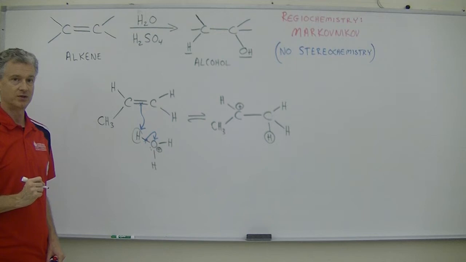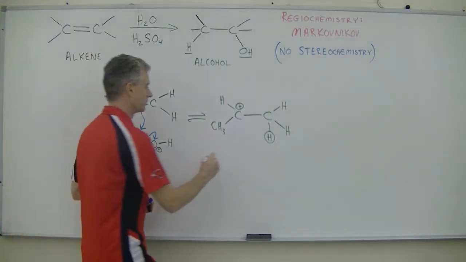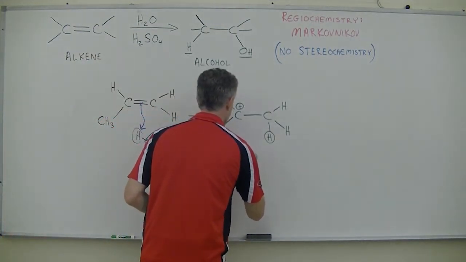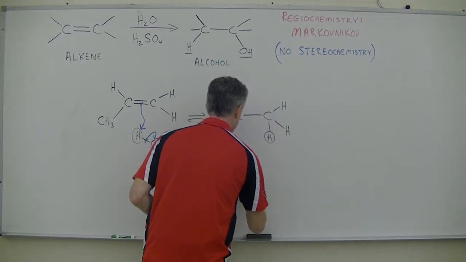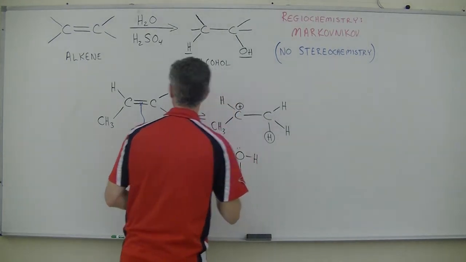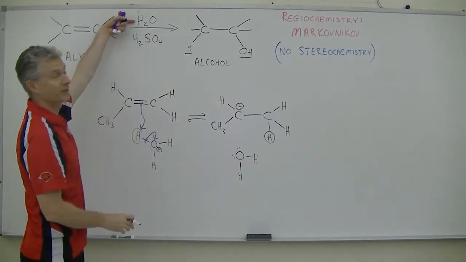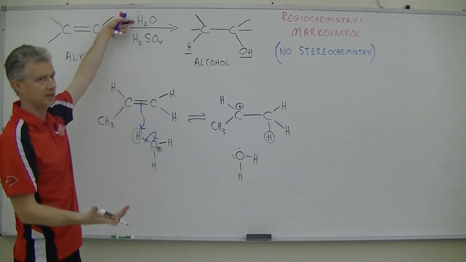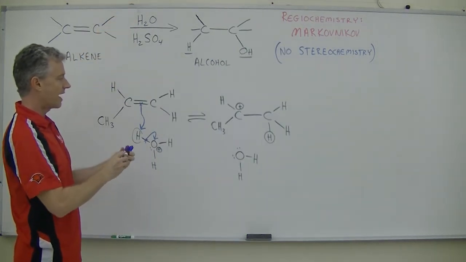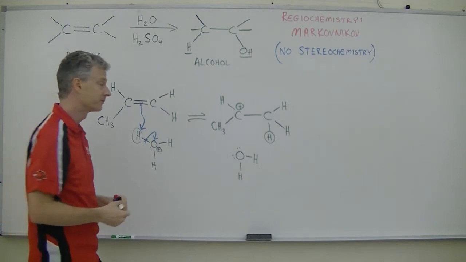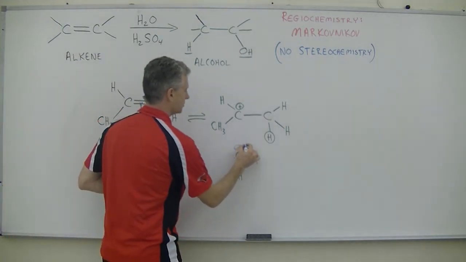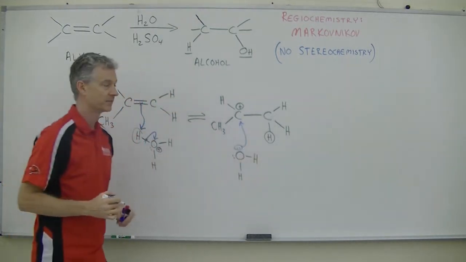The next step is to use our nucleophile. And notice we've also produced water in this step. Even if we used H2SO4, there's still plenty of water around. We always use an excess in hydration. That will act as our nucleophile and attach to the carbocation.